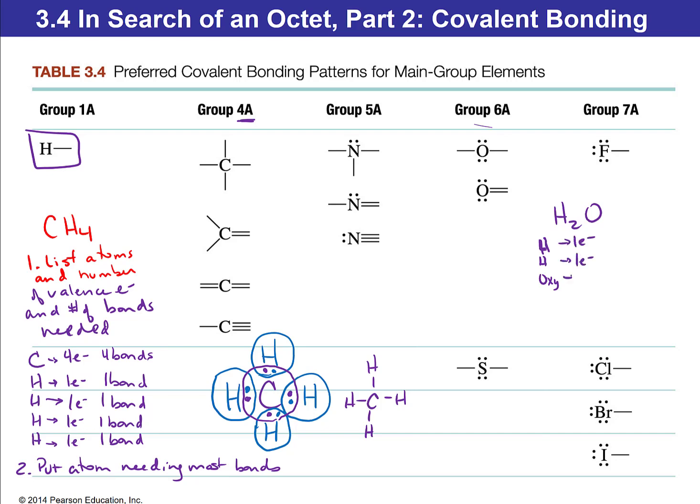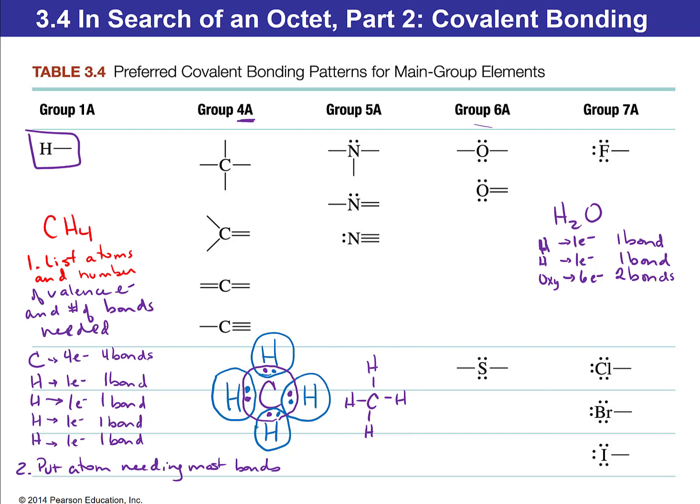How many does oxygen have? 6 electrons. Right, so I list my atoms, number of valence electrons. Remember, you can figure that out from the group. Hydrogens, 1 bond. Oxygen needs to make 8. It has 6 electrons. It needs 2 bonds to make 8.